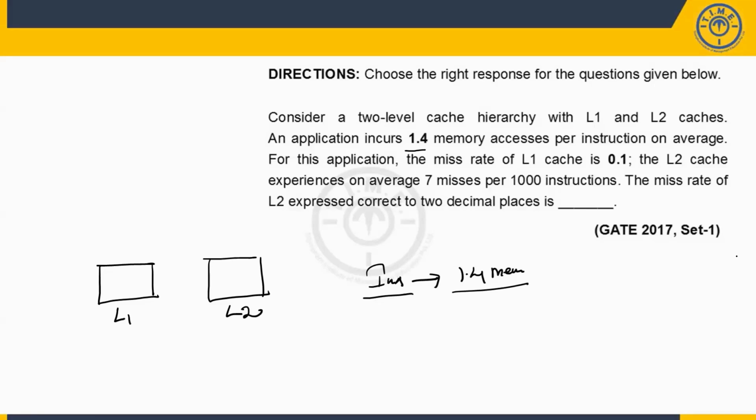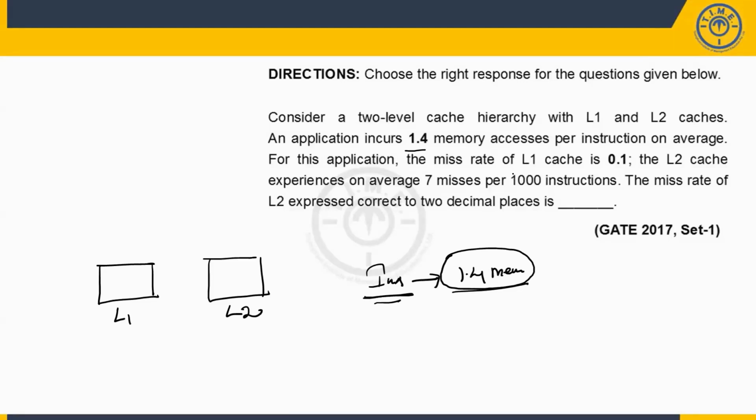So in order to access one instruction, how many times is memory accessed? On an average, memory is accessed 1.4 times per instruction. This is important to understand to solve this question.